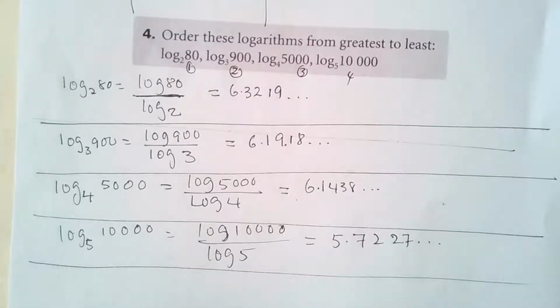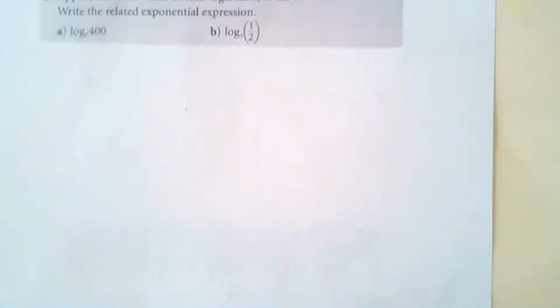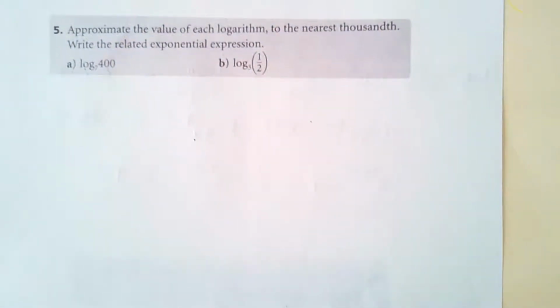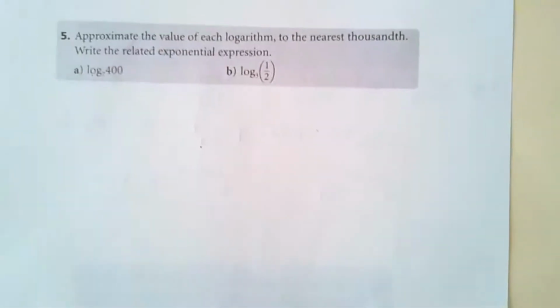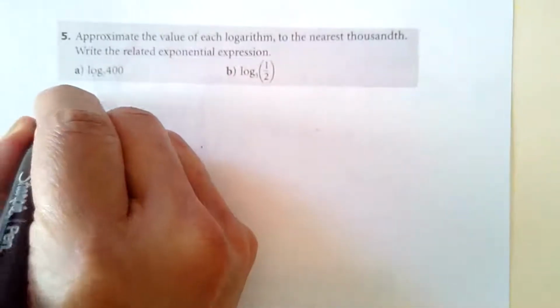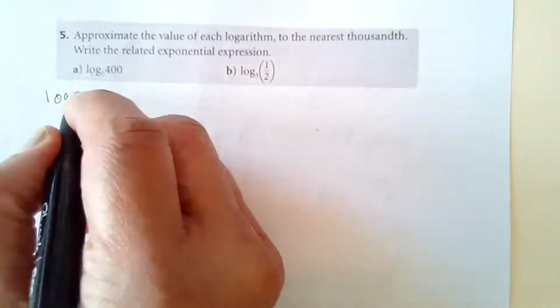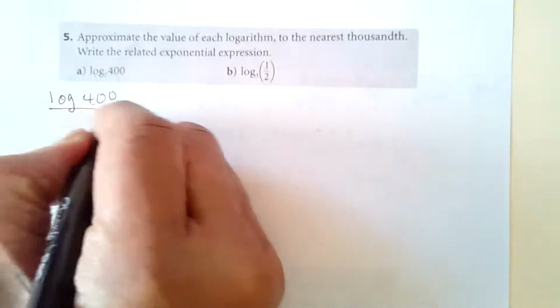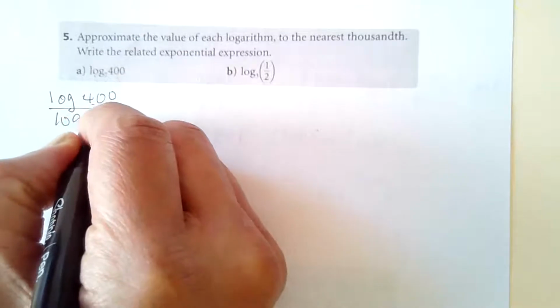Okay, so it's good practice using the change of base formula. A couple more, approximate value in exponential form, which is very similar. So we have log 400 over log 7.